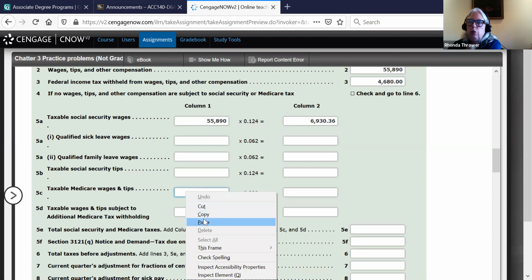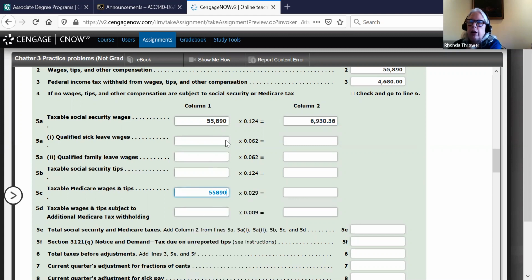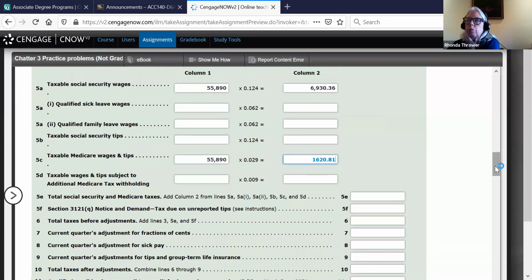So we're going to copy this 55,890, all of it subject to Medicare, and we're going to multiply that by 0.029. And that will give you $1,620.81. We didn't have any tips.